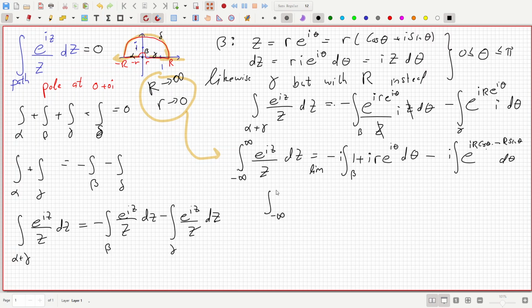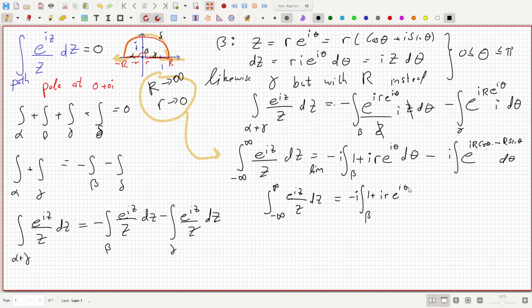So this integral from minus infinity to infinity of e^(iz)/z dz will equal minus i integral beta of 1 + i r... well, yeah, let me just leave that for the moment.